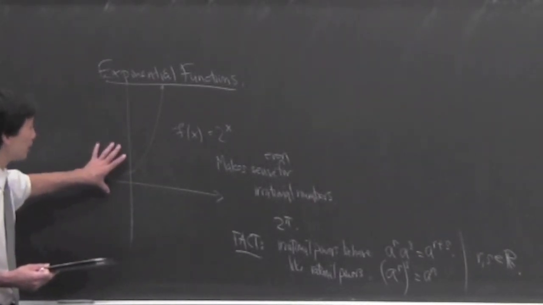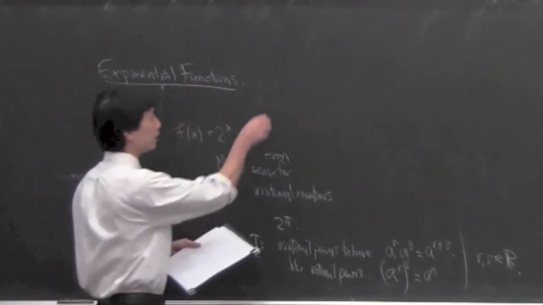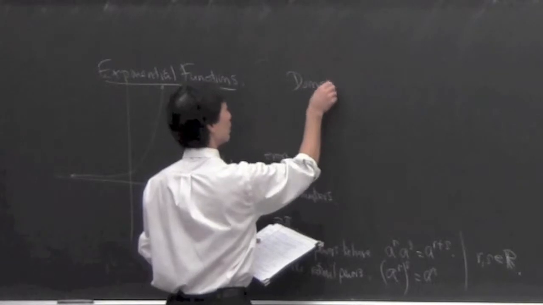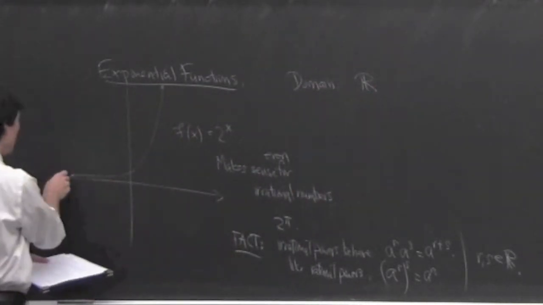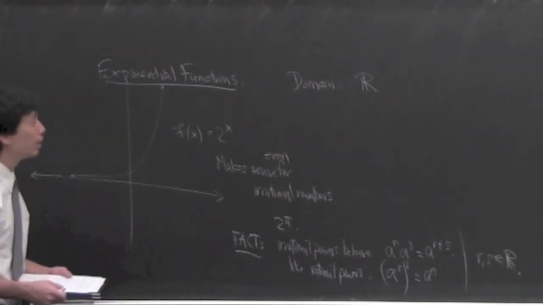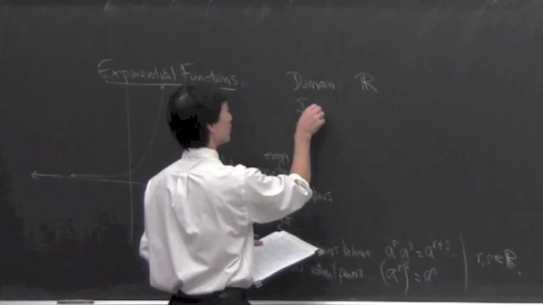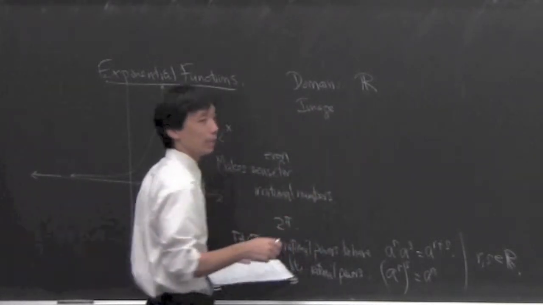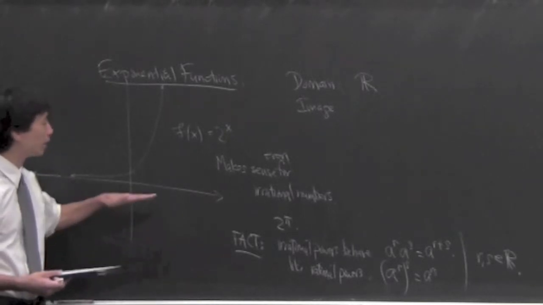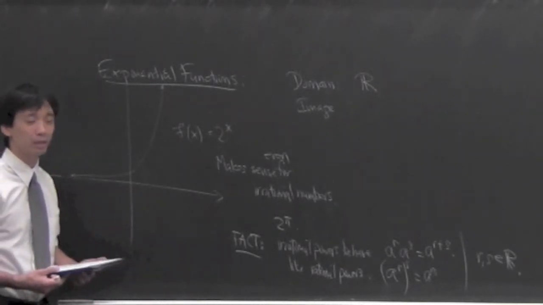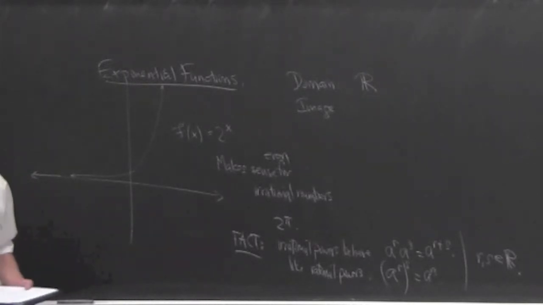Okay, let's think about this graph a little bit. We just said that the domain of this graph is the whole real line. What's the range? What's the image? What's the collection of all outputs you get by looking at the graph?